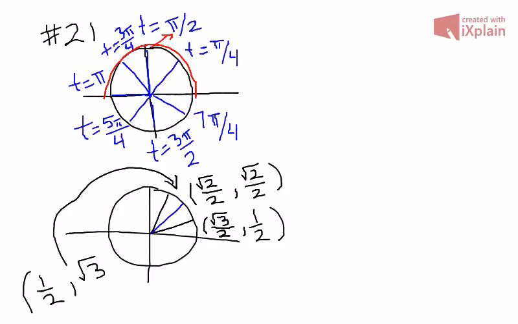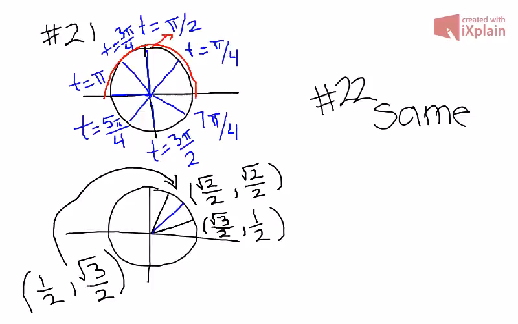All right, so remember the terminal point, they give us some t value, okay? They give us some t value, and then they say, okay, well, what's the terminal point going to be? Well, the terminal point is this stuff right here.